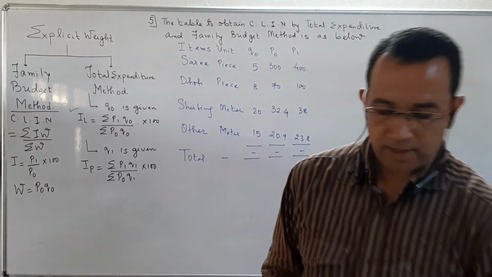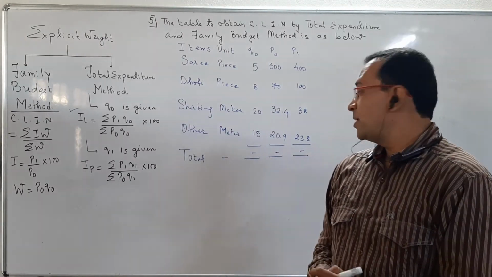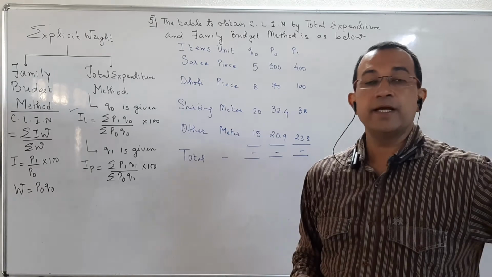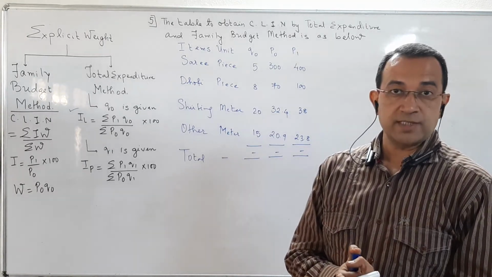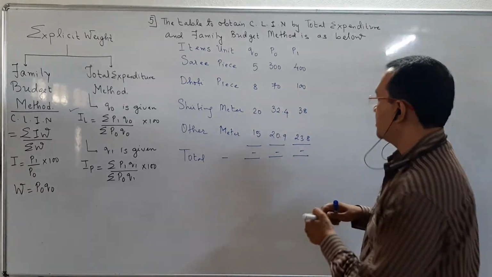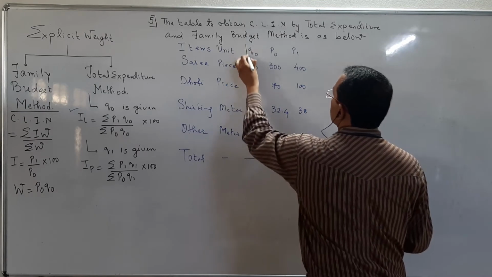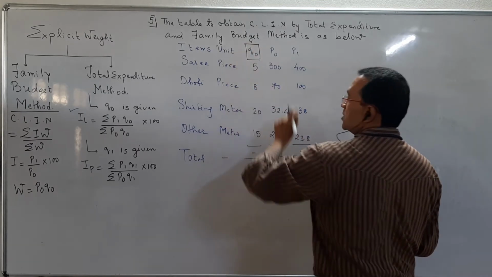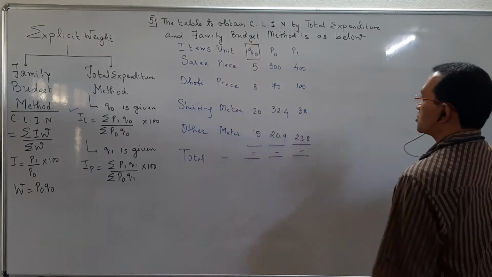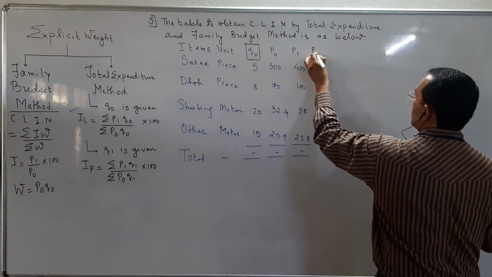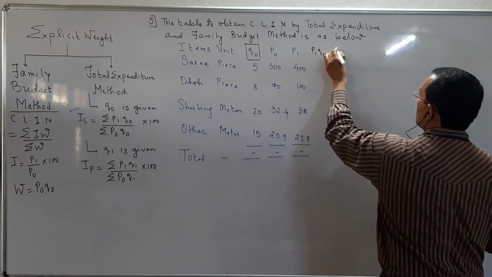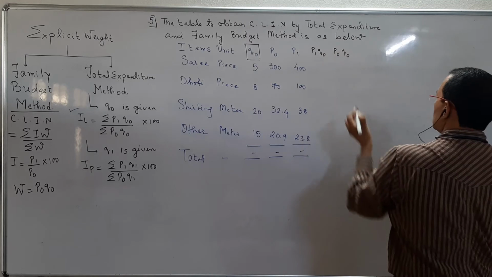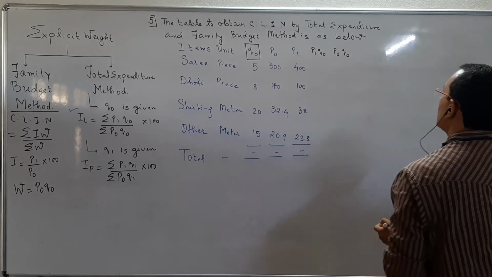Now we have to go by family budget method as well as by total expenditure method. In total expenditure method, Q0 is given, so we will use the last year's formula. The first column which I made is P1Q0, P0Q0, and this is indirectly weight also.